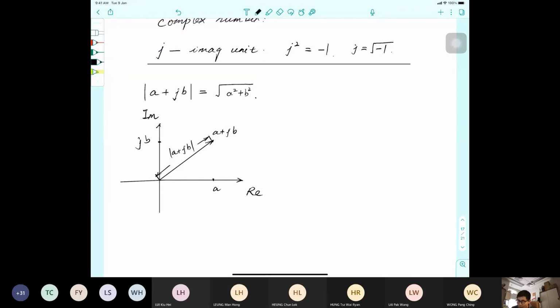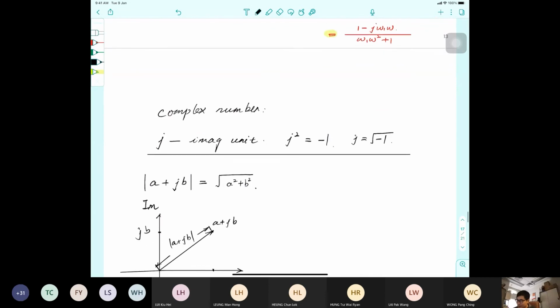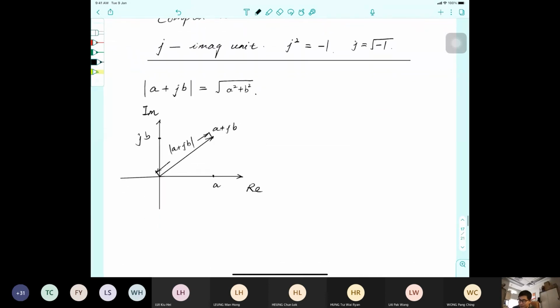So how do we get this value? We use a formula.